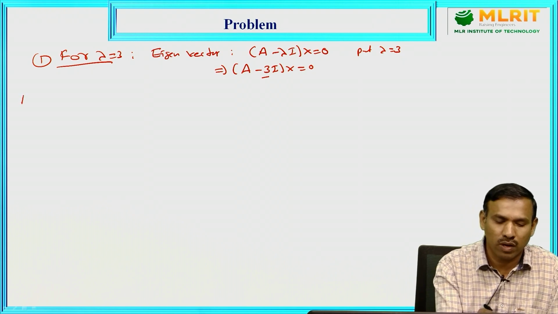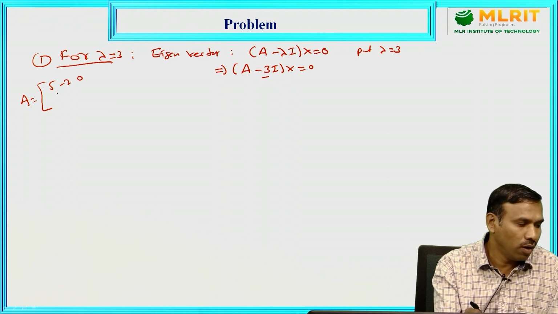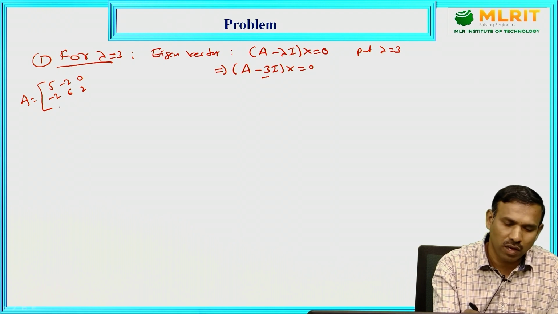So what is the matrix we have here? A is equal to 5, minus 2, 0; minus 2, 6, 2; 0, 2, 7. This is the matrix from the previous problem.